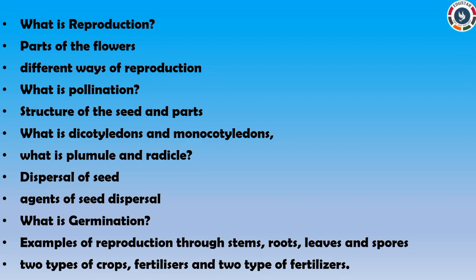Dispersal of seed. Agents of seed dispersal. What is germination? Examples of reproduction through stems, roots, leaves and spores. Two types of crops, fertilizers and two types of fertilizers also. Can you understand, dears?